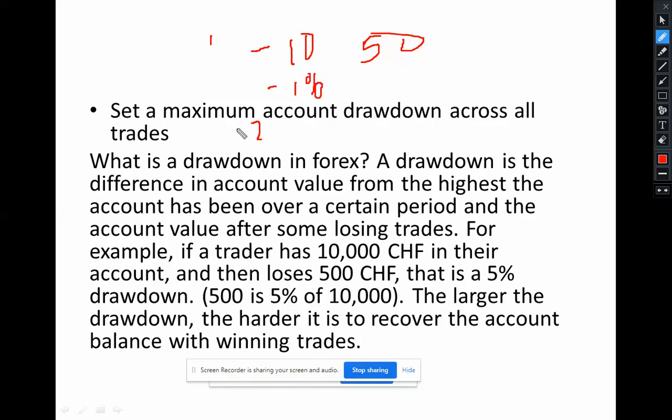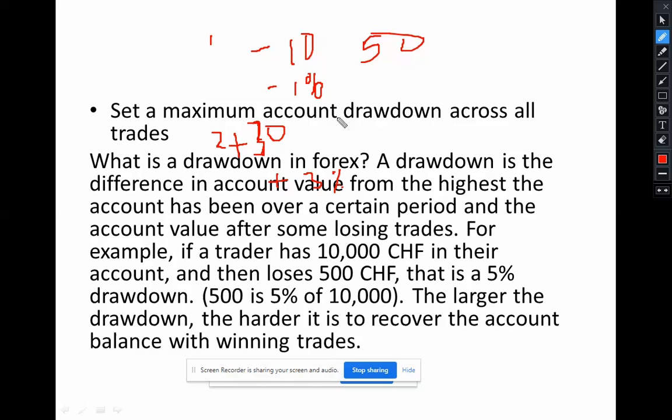The second trade I took, I won $30 out of $50. That means my drawdown will be 3%.